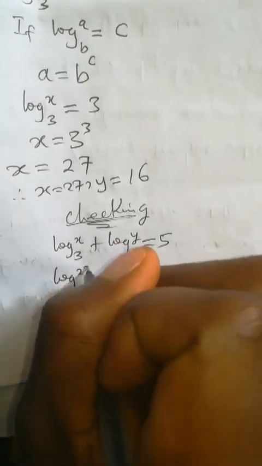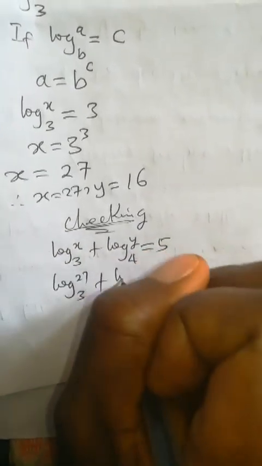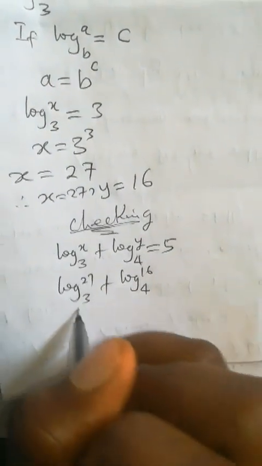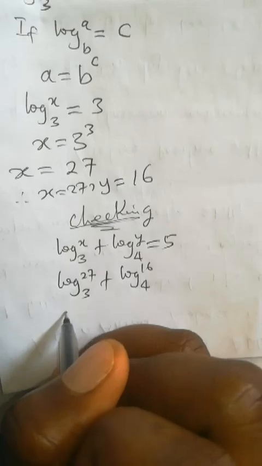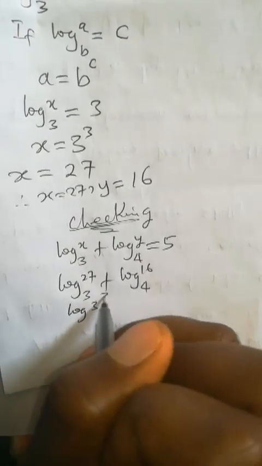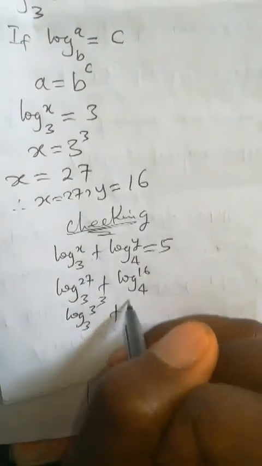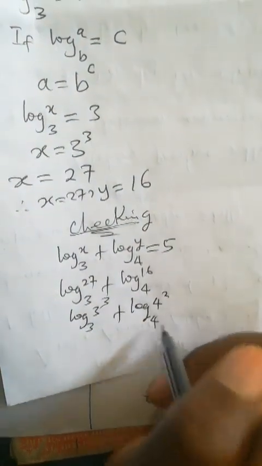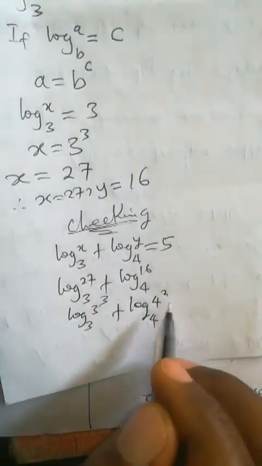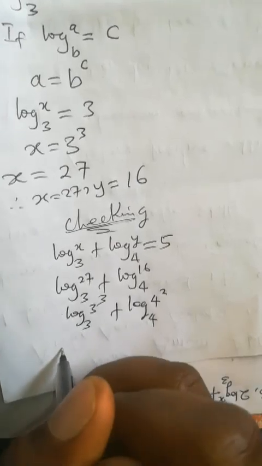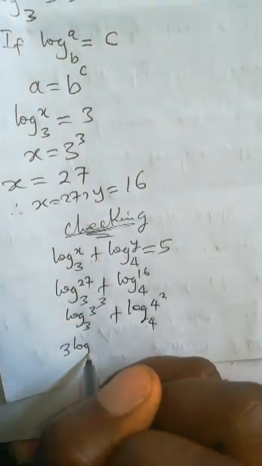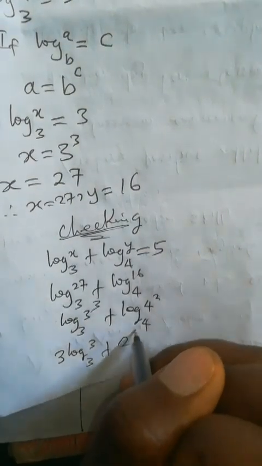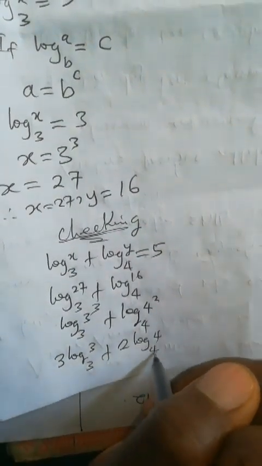Log of 27 base 3 plus log of 16 base 4. 27 is the same thing as 3 to the power of 3, and 16 is 4 to the power of 2. So the 3 will come here, and the 2 will come here. We have 3 log 3 base 3 plus 2 log 4 base 4.